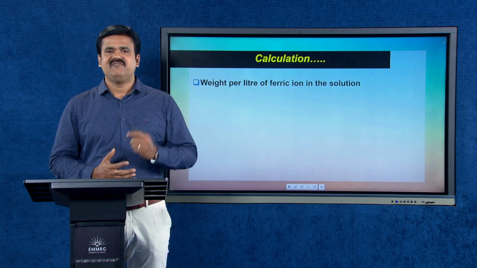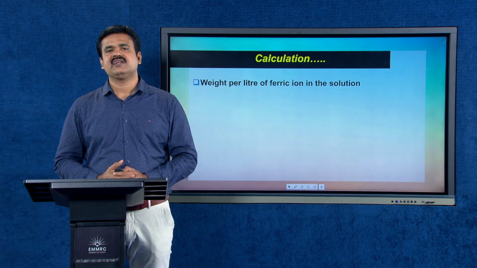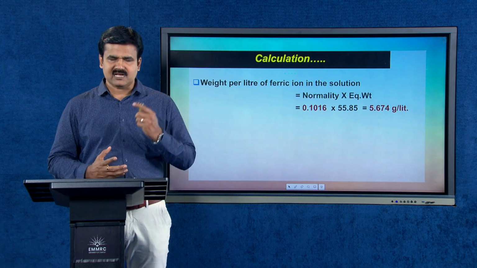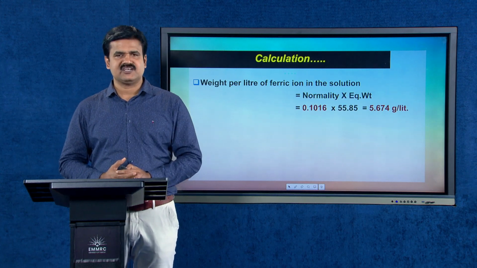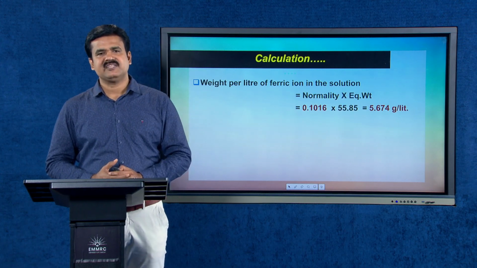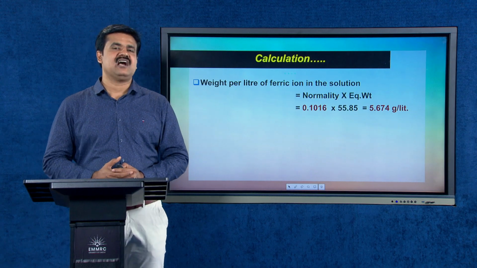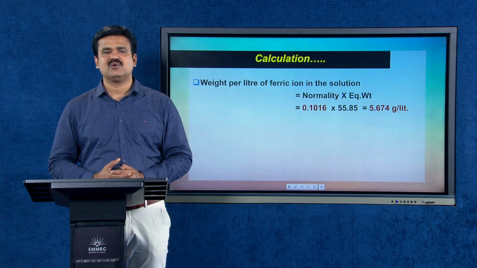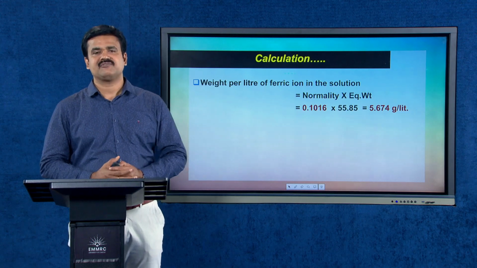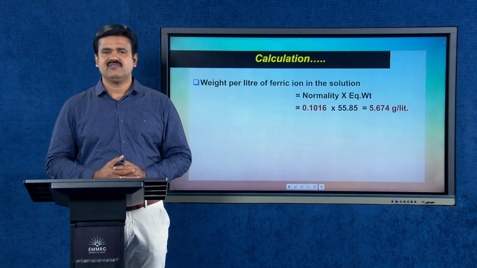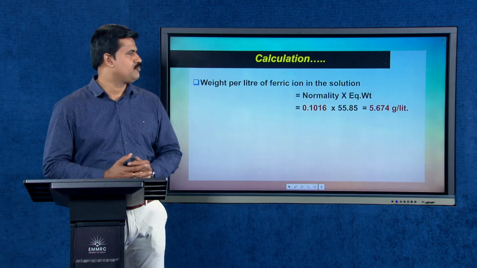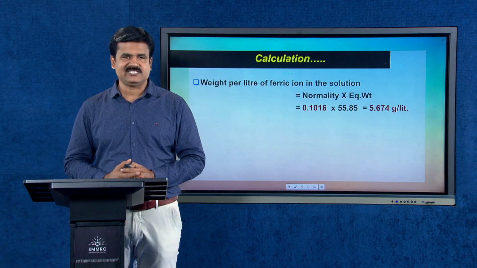Now, weight per liter of ferric ion in the solution can be calculated by using the expression normality multiplied with equivalent weight. Normality we already calculated as 0.1016. Just multiply with equivalent weight of the ferric ion, that is equal to 55.85. You will get the weight per liter as 5.674 gram per liter.